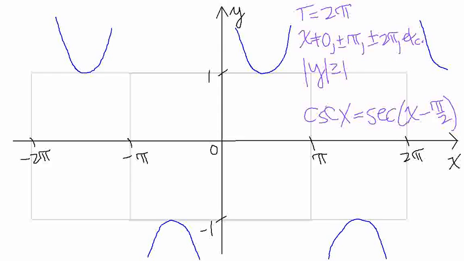Now, let's talk about transformations with respect to these functions. All right, so what would the graph of 10 secant of x look like? And also, what would the period look like?